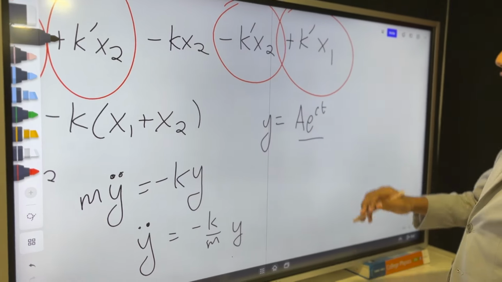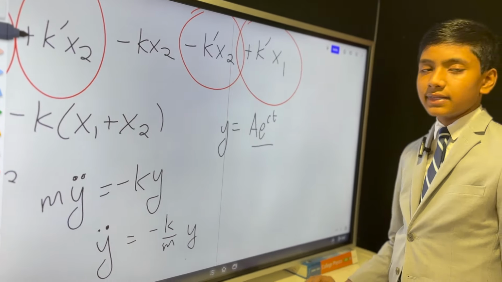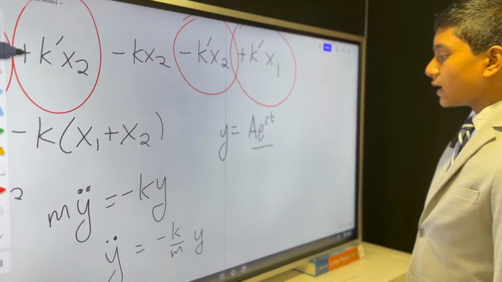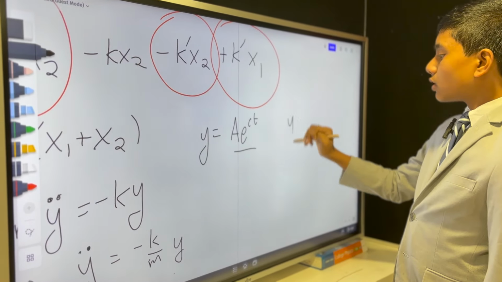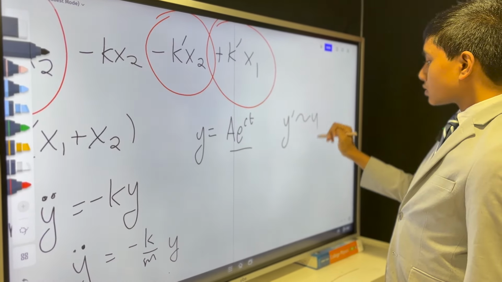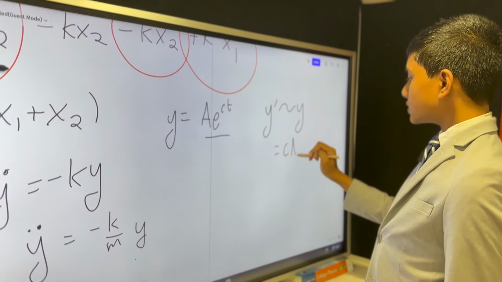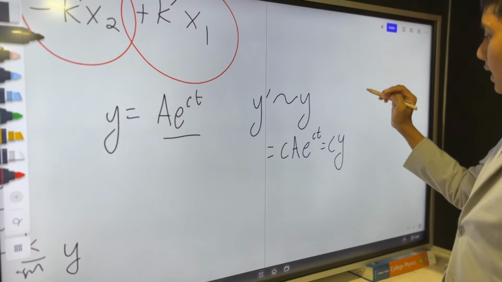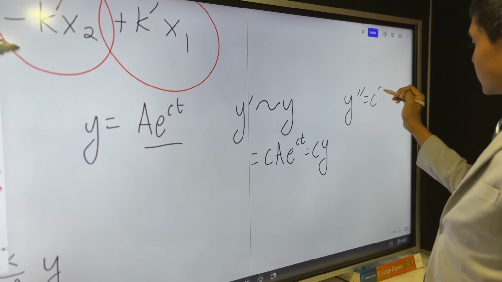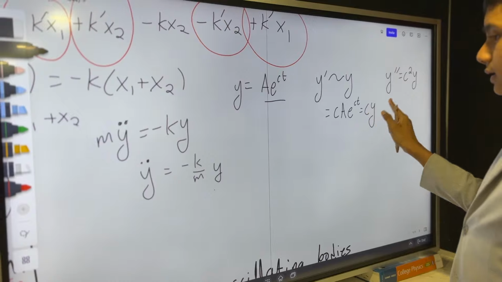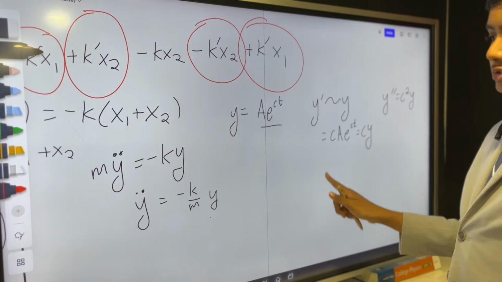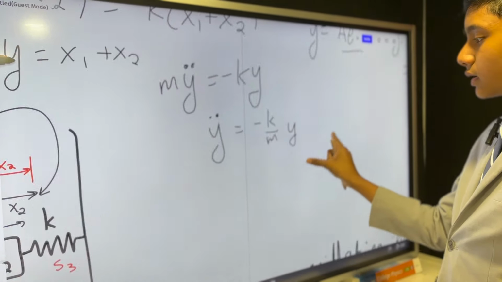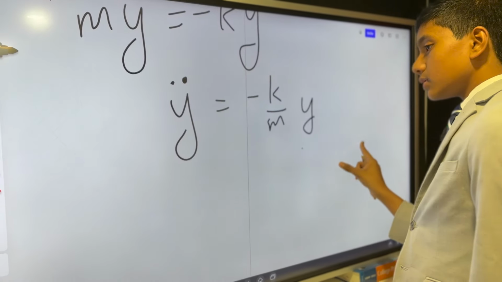And of course, we can also write this as a e to the i omega t, but this is a little bit more enlightening. Of course, y dot is directly proportional to y, since it's just equal to c times a e to the ct, or c y. And y double dot is just equal to c squared y. So this should be pretty easy.